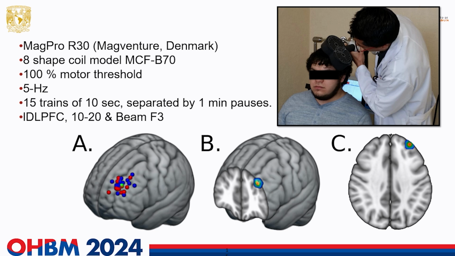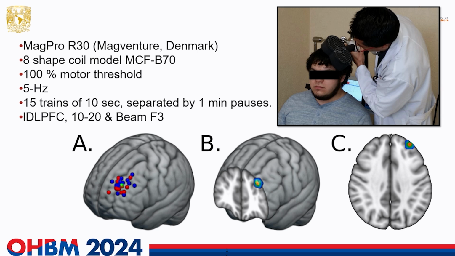So instead of using neuronavigation, because we didn't have it, we just basically used the 10-20 system. However, we decided to use a way to localize the place in the cranium, and then from there in the brain, using the MRI and a vitamin E pill that we used to localize it. And so what we did was gather data for where we're stimulating while using the 10-20 system and the BeamF3.